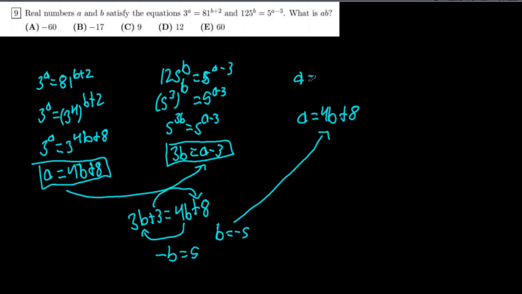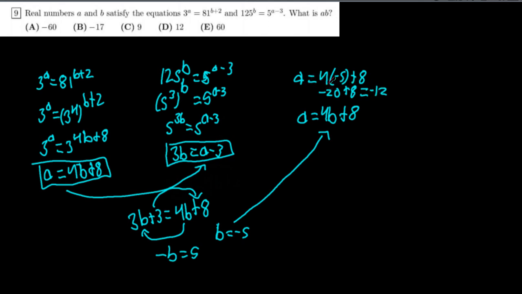Now, a = 4 times negative 5 plus 8. 4 times negative 5 equals negative 20, plus 8, negative 20 plus 8 equals negative 12. I keep forgetting the negative sign. Negative 12, which equals a.